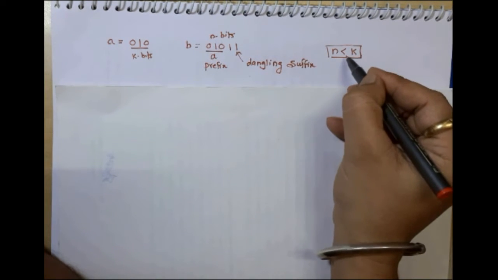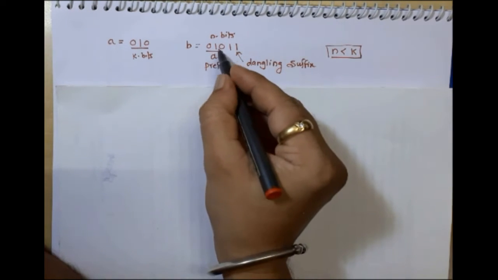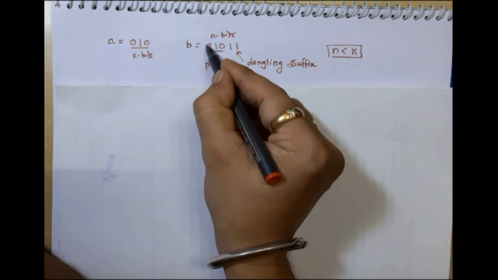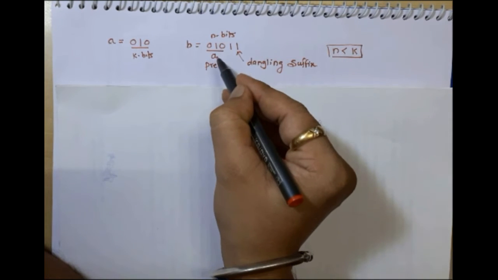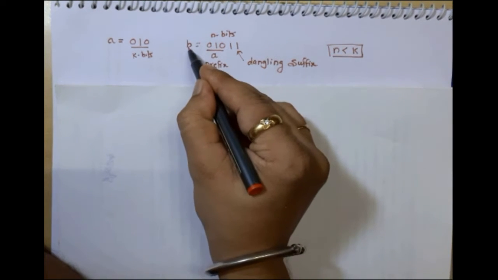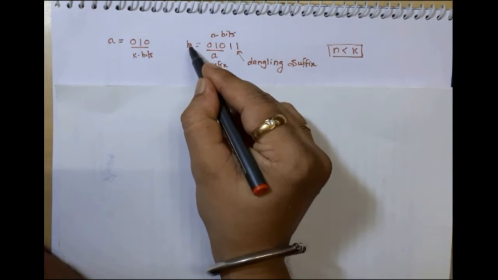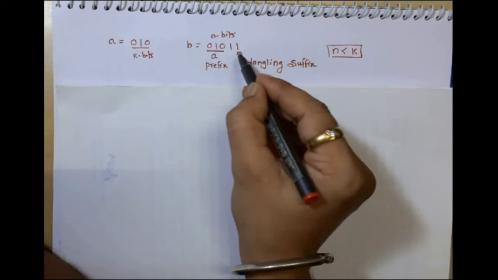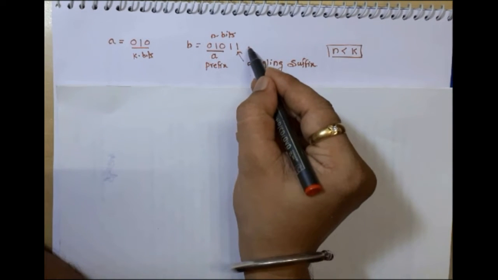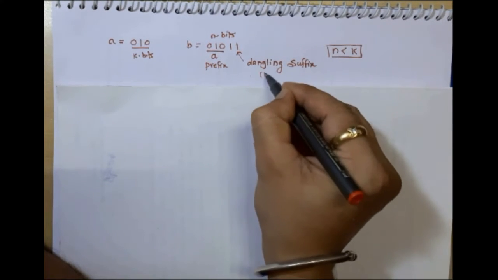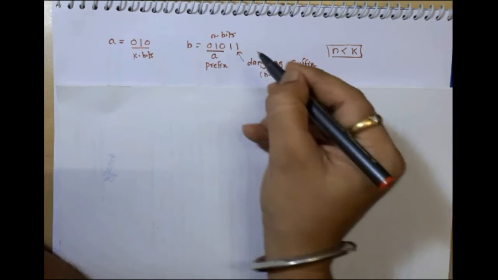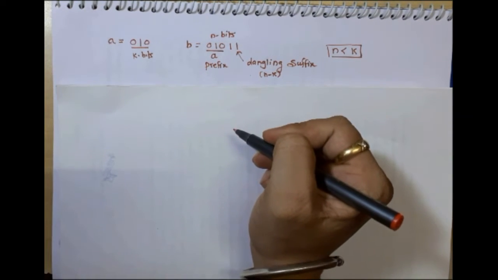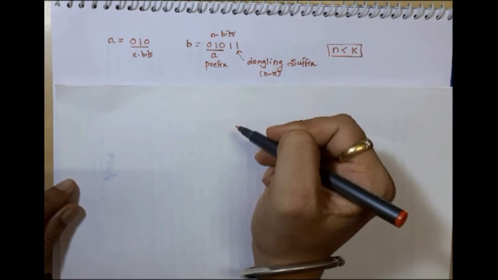The A code 010 is getting repeated in B, which means A is a prefix of B. This 010 A code word is called the prefix, whereas the remaining n minus k bits, which are the 2 bits 11, are called the dangling suffix. So this concept we are going to use in checking uniquely decodable codes.